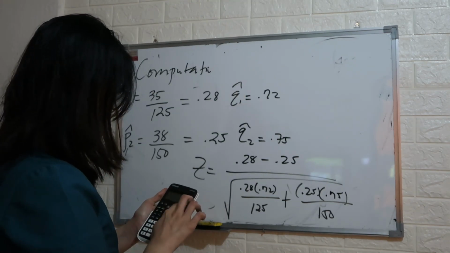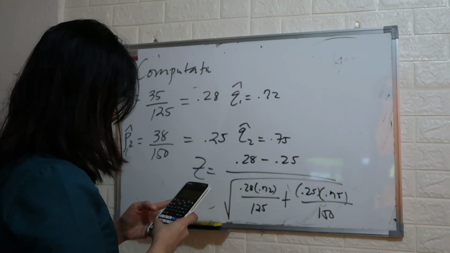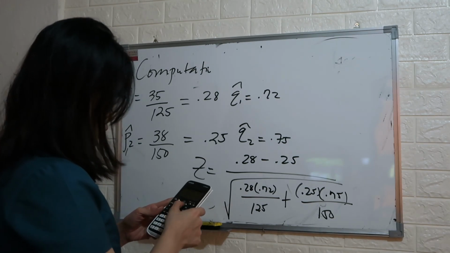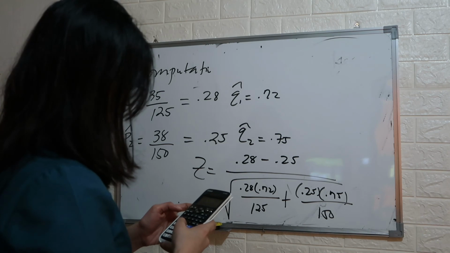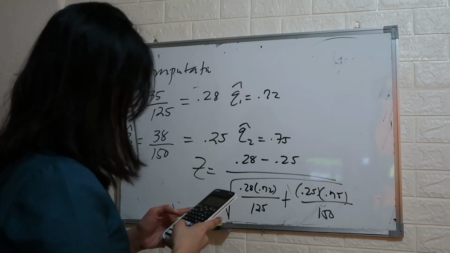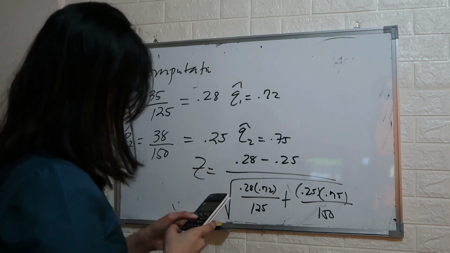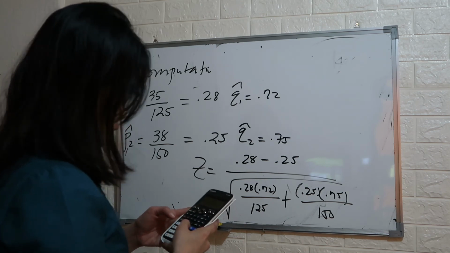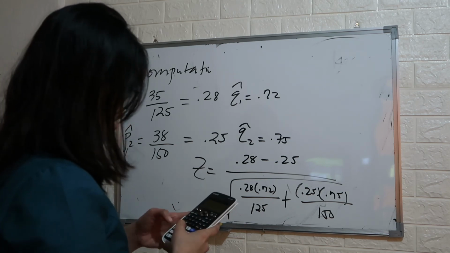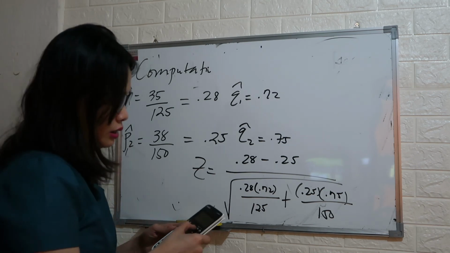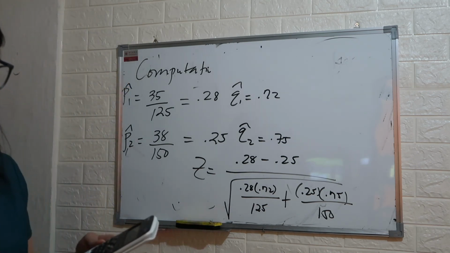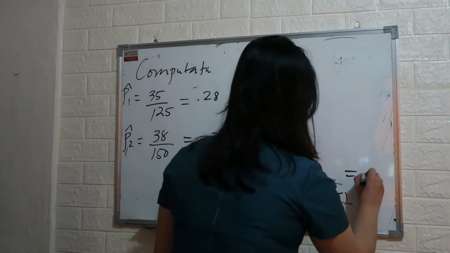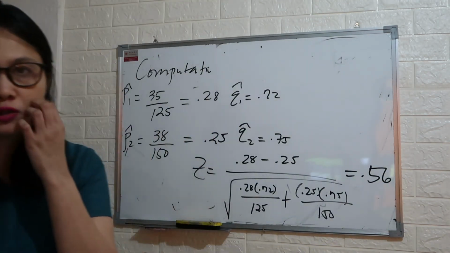So the answer is 0.56. Your z value is 0.56.